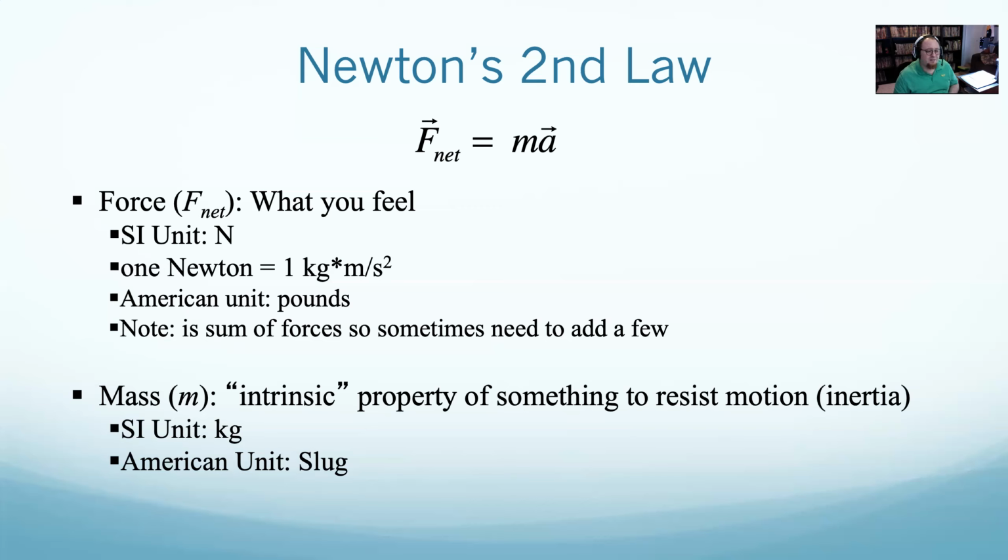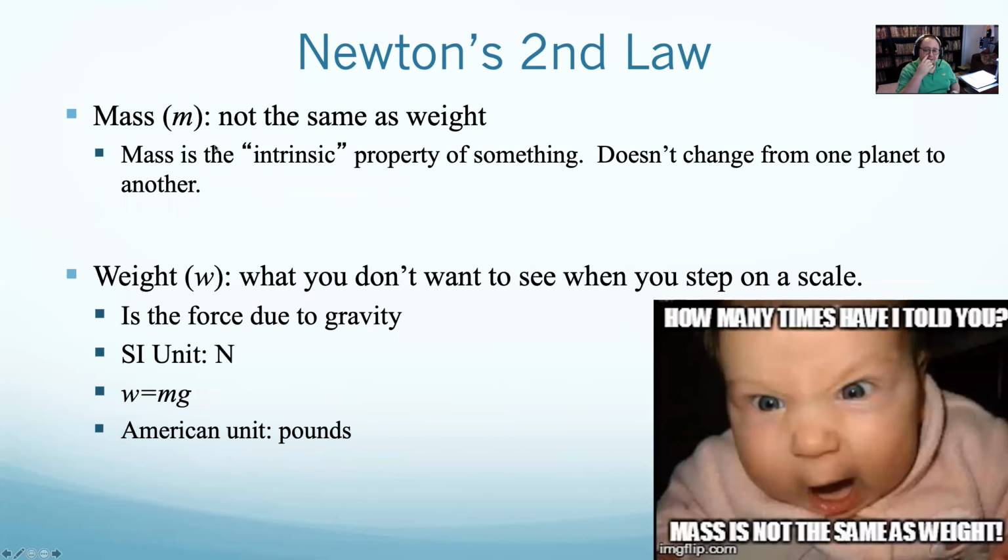But they actually fundamentally measure different things. Newtons and pounds is force. It is how hard something is being pushed on. Mass is an intrinsic ability. When you say how much you weigh in pounds, you are saying your weight. Your weight is not the same as your mass.